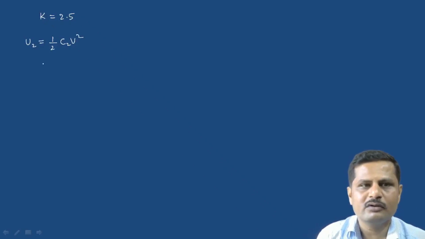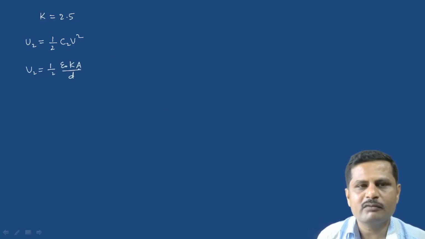Now U2 equals to 1 by 2 C2, let me write epsilon naught K A divided by D. This is the expression for capacitance of the parallel plate capacitor when the dielectric medium is present between the two plates. So we know that this can be written as epsilon naught A divided by D V square into K.